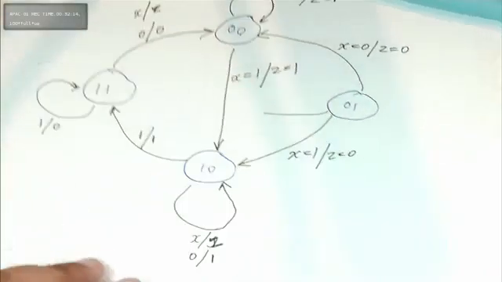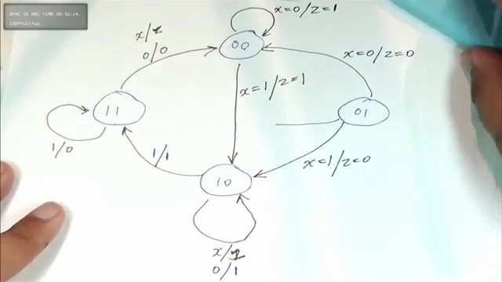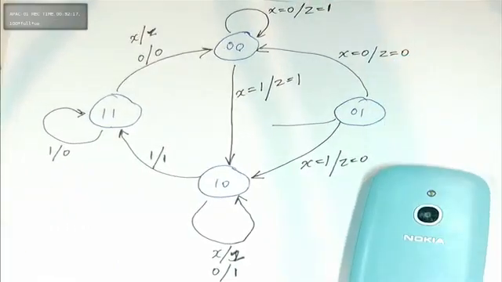So this diagram pretty much says that if your state is 0 and you input x equal to 0, it will stay at 0.